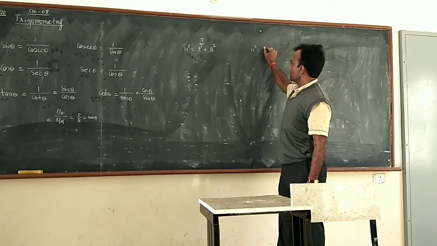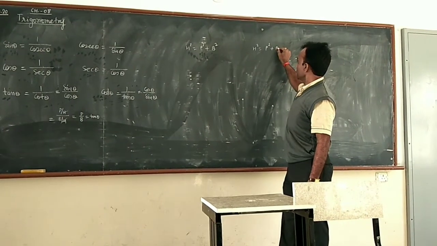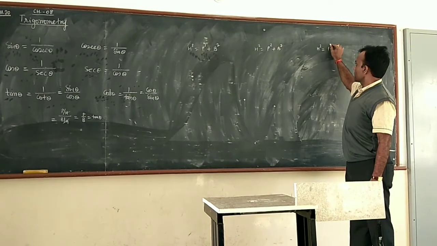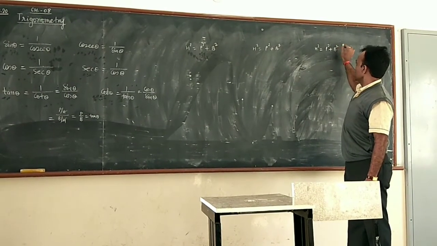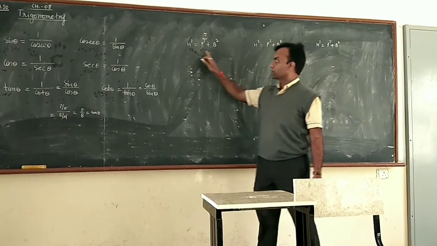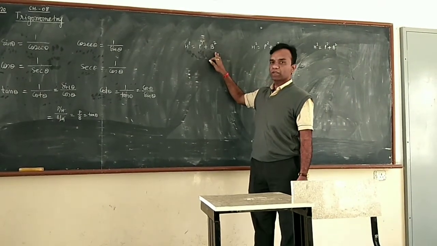H square equal to p square plus b square. Similarly, h square equal to p square plus b square. Then how can we form the identity with the help of Pythagoras theorem? Here h square, p square, and b square are given.